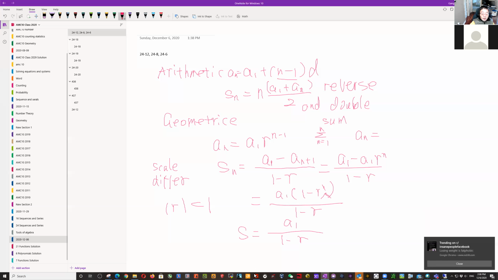It's based on a common difference, and the space between 1 and n is n minus 1, so this comes naturally, and this is just reverse and average. This is just a common ratio, then it's just scale and difference. Then this is the special case when it goes to infinity. That's the way you can handle it.